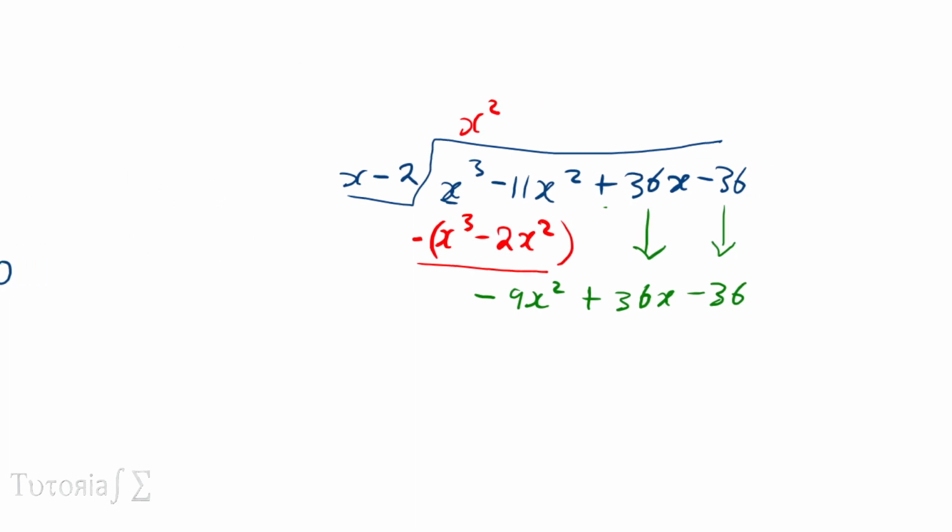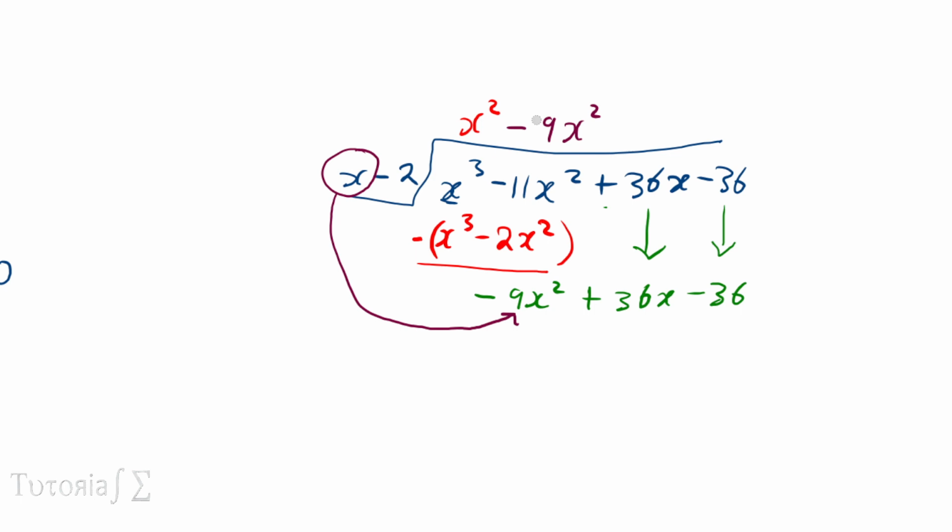So then now again, we'll repeat the algorithm. So again now we'll say this x will divide into the first number here. And what do we get when we do that? We are going to have negative 9x squared.